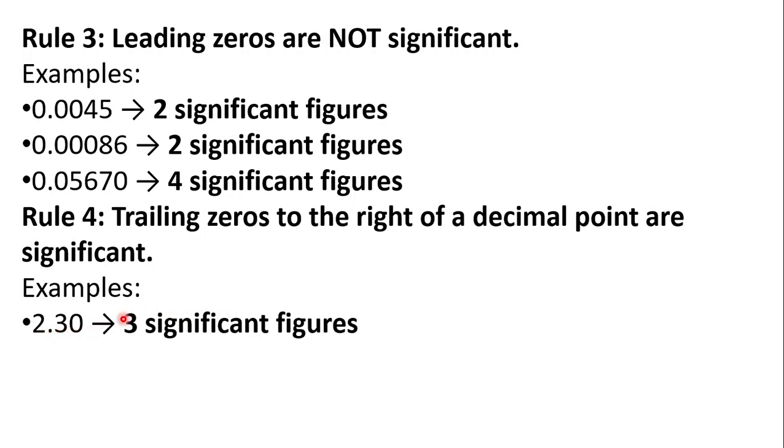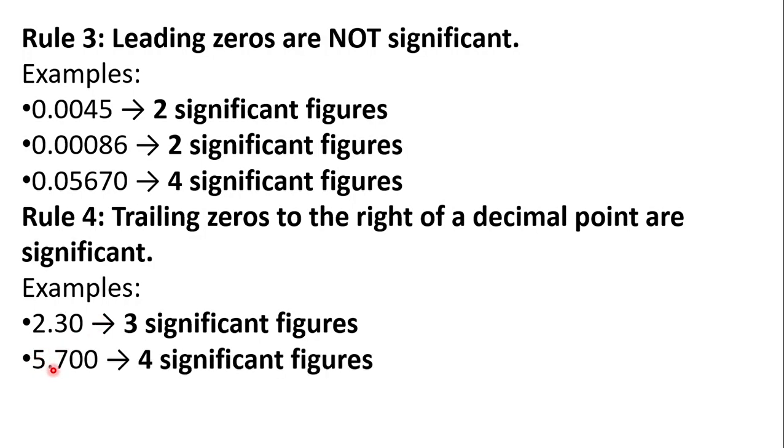So these are three significant figures. Zeros after the decimal are significant. Numbers such as 5.700 have four significant figures and not two.